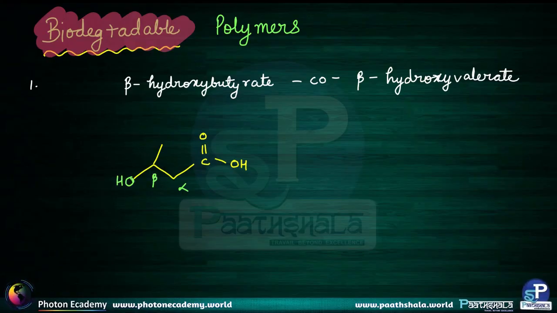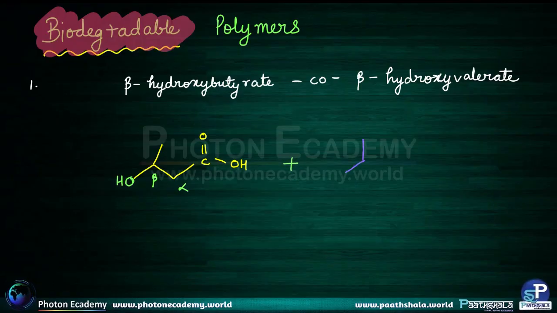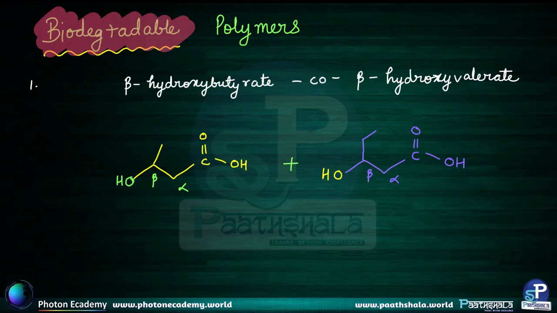This is combining with beta hydroxy valerate. Now beta hydroxy valerate is a little different from the previous case, butyrate, only in the number of carbon atoms. And here at the beta position, again we have a hydroxy group, that is the OH group. Now these two will combine, and how will they combine?